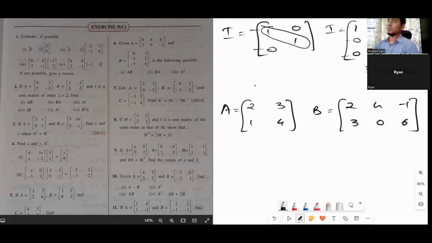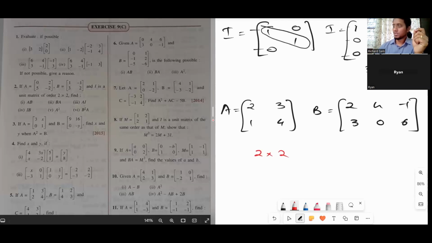Now, we're going to multiply these 2 matrices, A multiplied with B. When you're multiplying 2 matrices, there's a condition that you have to first check. First you figure out their order. What is the order of matrix A? It's a 2 by 2 matrix. 2 by 2 means 2 rows and 2 columns, right? What is the order of matrix B? 2 by 3. That means 2 rows and 3 columns.